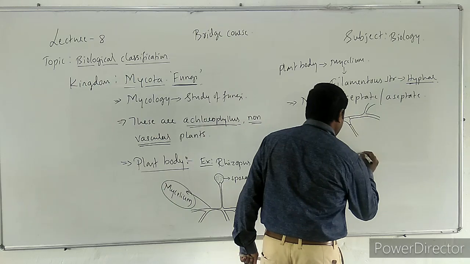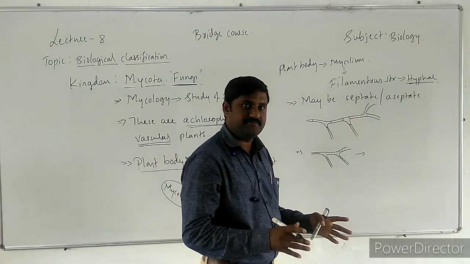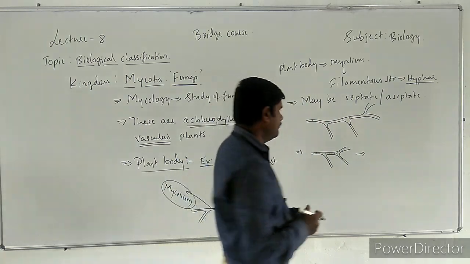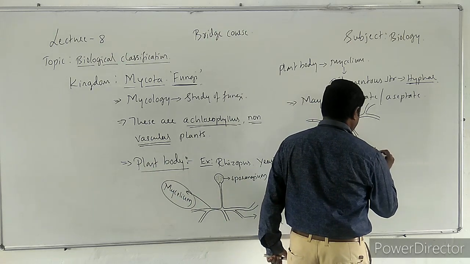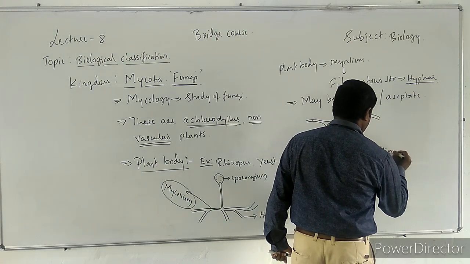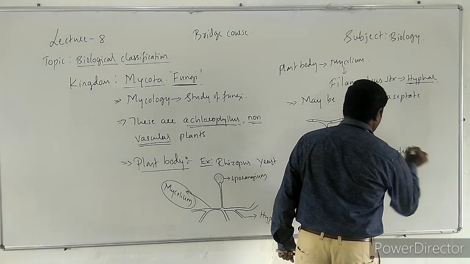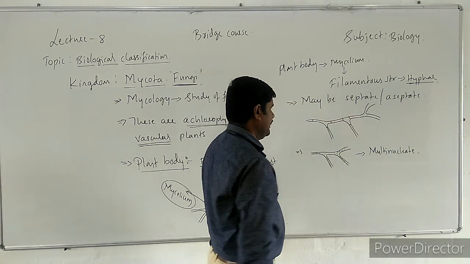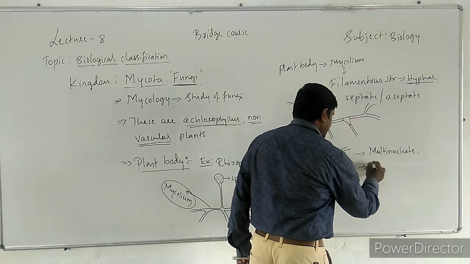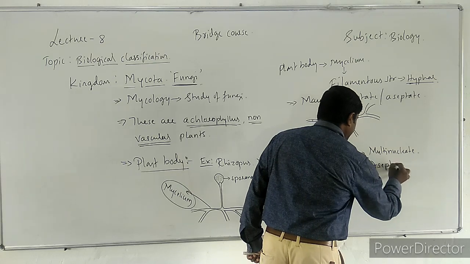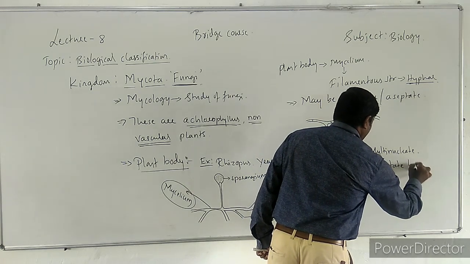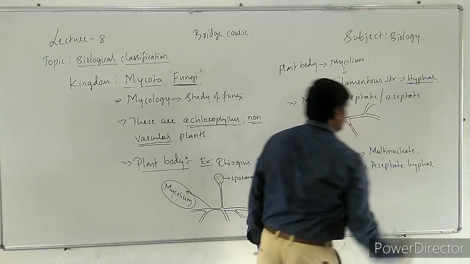This condition, the presence of many nuclei, is known as the multinucleate condition. It is usually present in aseptate hyphae.